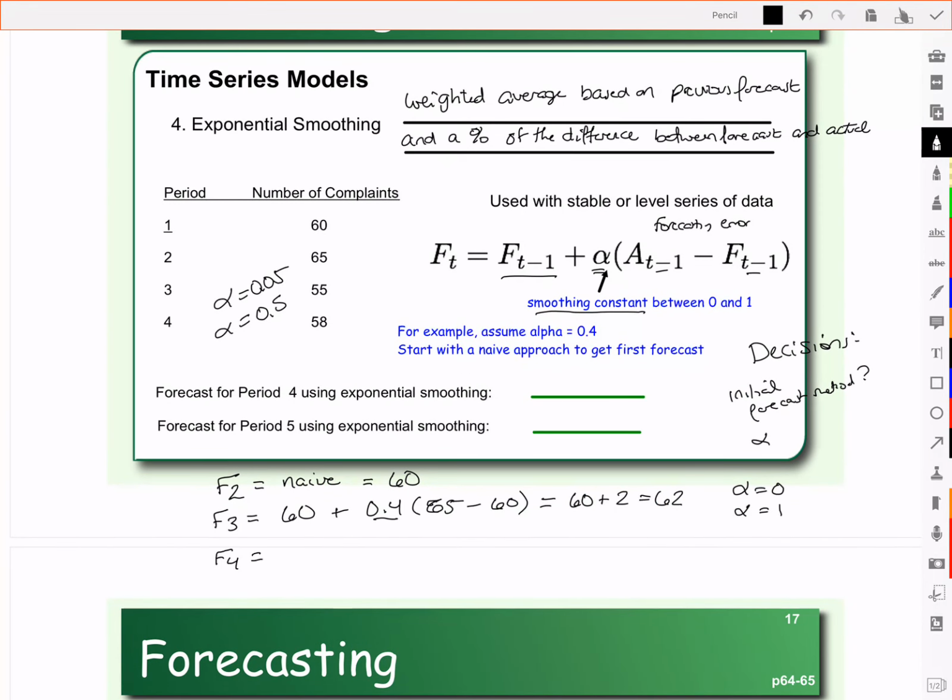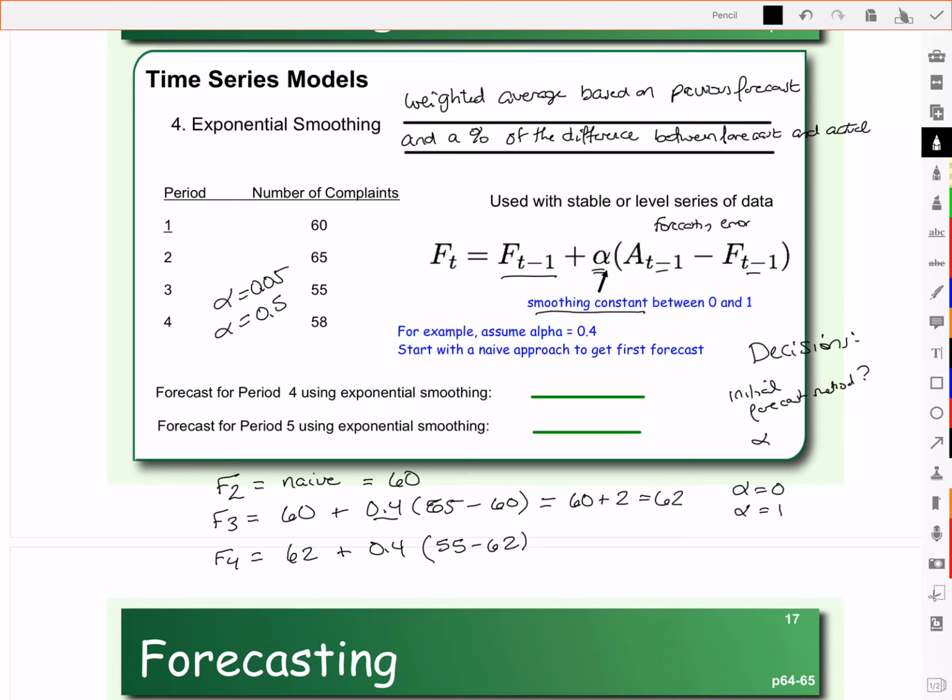So then our forecast for period 4 takes the forecast from 3, which was 62, and then we have our smoothing constant of 0.4, and we compare the 62 that we forecasted for period 3 to what it actually was, which was 55, and we can see that we have forecasting error.